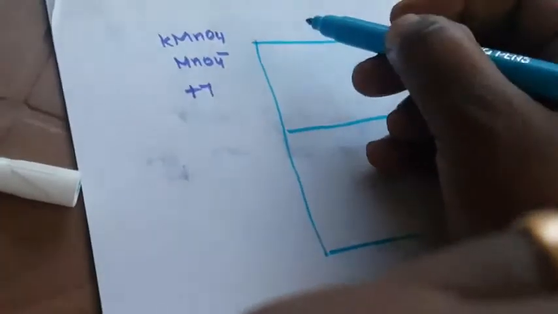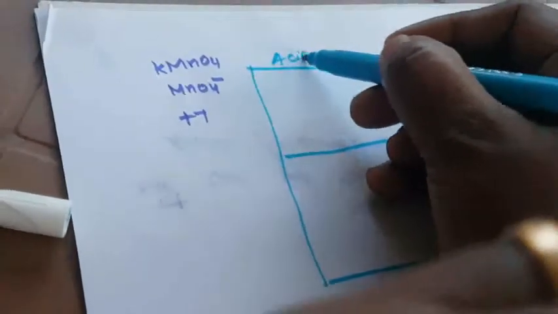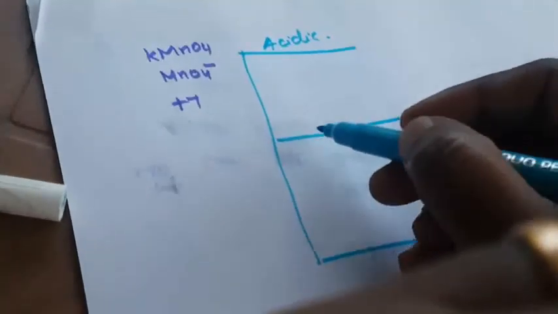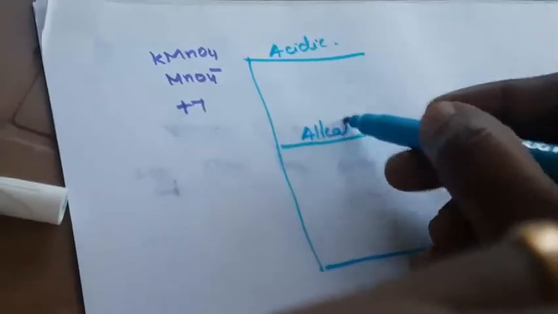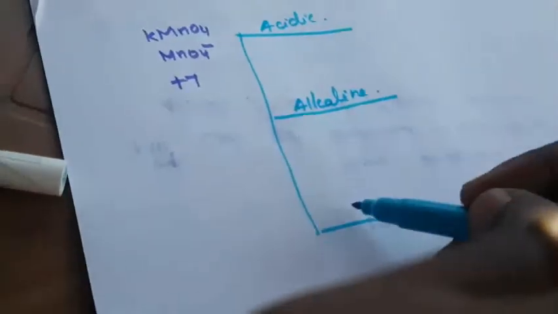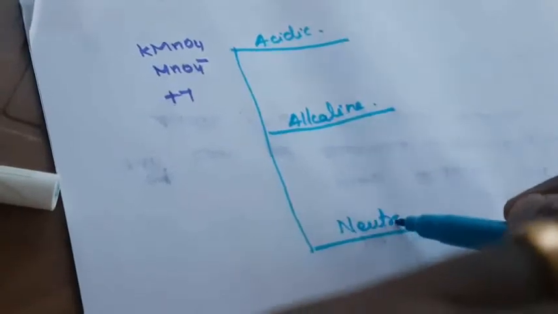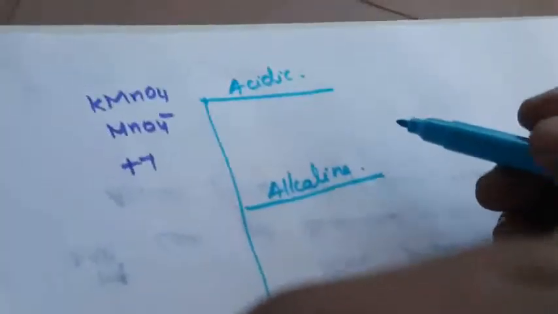This can be explained in three types: first one is acidic medium, this is alkaline medium, then this one is neutral medium, right? So what takes place?